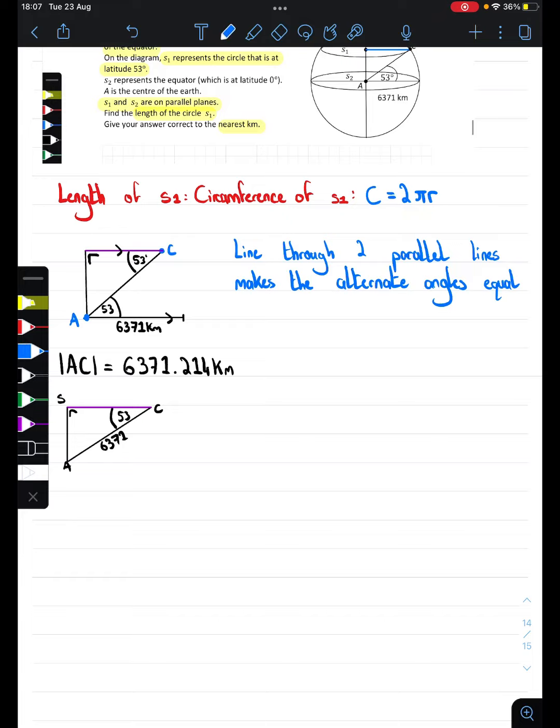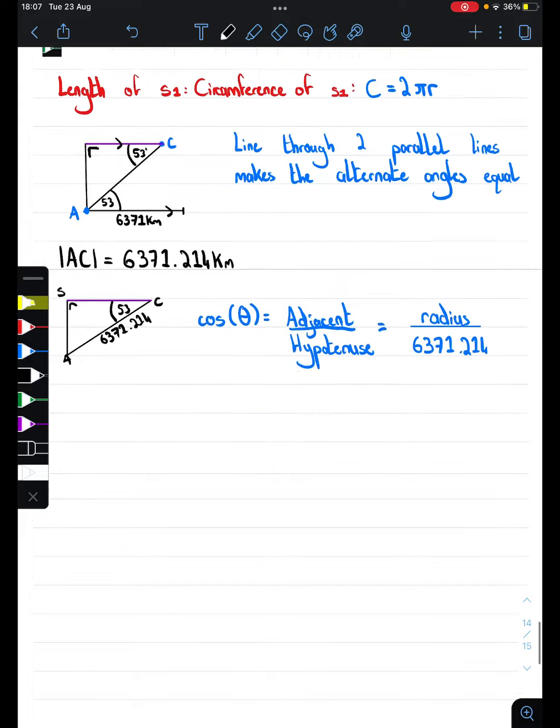So the cosine of an angle in a right angle triangle is equal to the adjacent side over the hypotenuse, which in this case is the distance SC, or the radius, over the hypotenuse, which is 6,371.214.